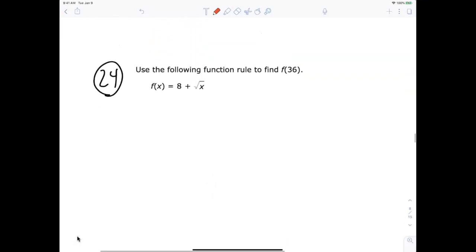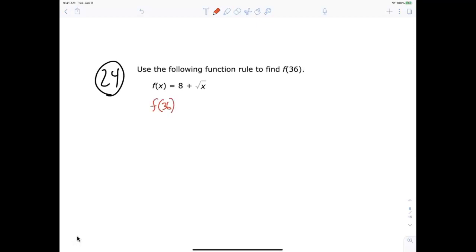Here we're just reviewing our square roots. f of 36 equals 8 plus the square root of 36. f of 36 is equal to 8 plus 6. f of 36 is equal to 14. Which again means (36, 14) is on the graph.